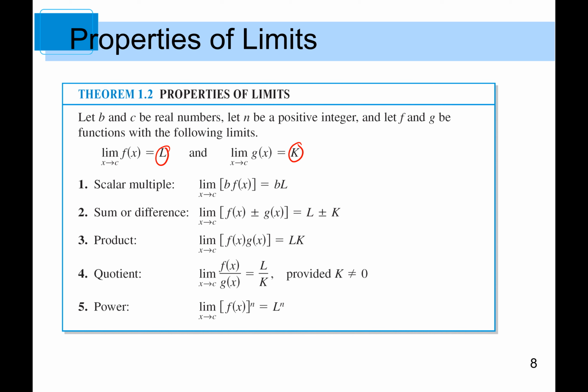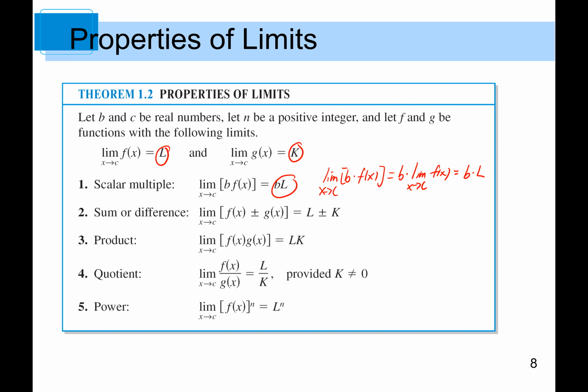Scalar multiple: if you have a constant in front of f of x, then you can factor out b in front of the limit. So b times f of x, you can view that as b times the limit. So the constant b goes in front. Now we know the limit of f of x is L, so it's b times L. That's why we have this result bL.